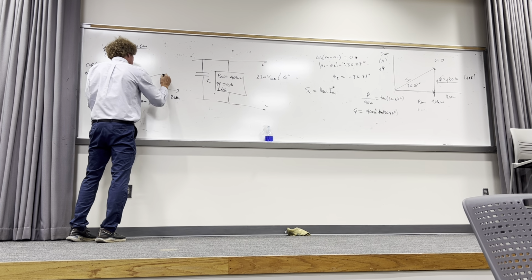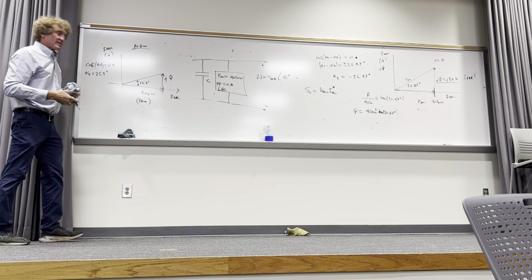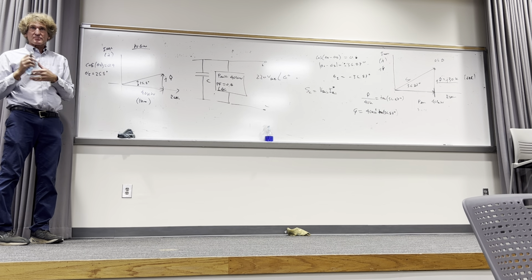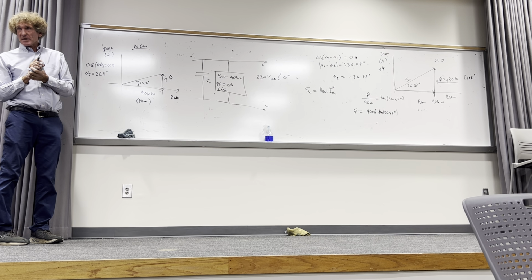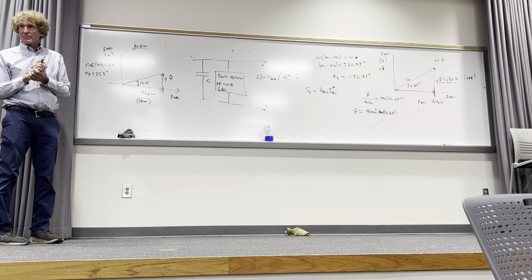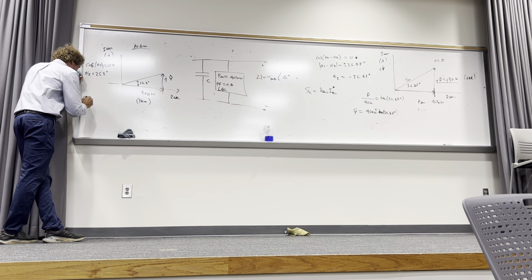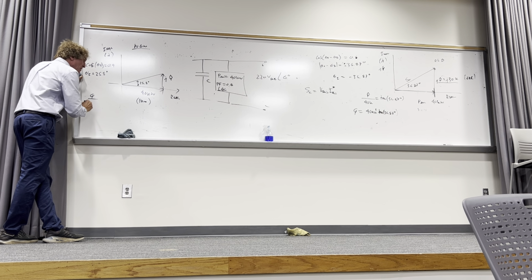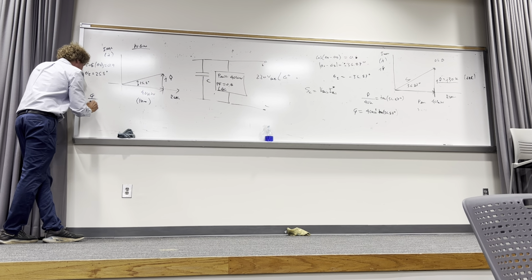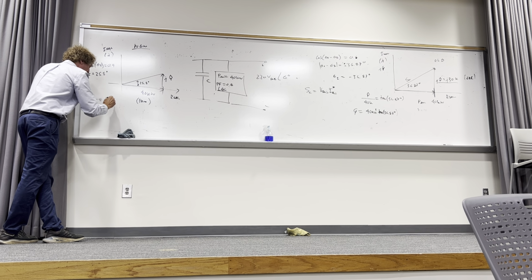And now I need this value. Now how do you get that value JQ? The tangent function would be good, probably. You agree with me? Sure. So to get this JQ, I can take Q over, opposite over adjacent, or 40K, and that's the tangent of 25.8 degrees.